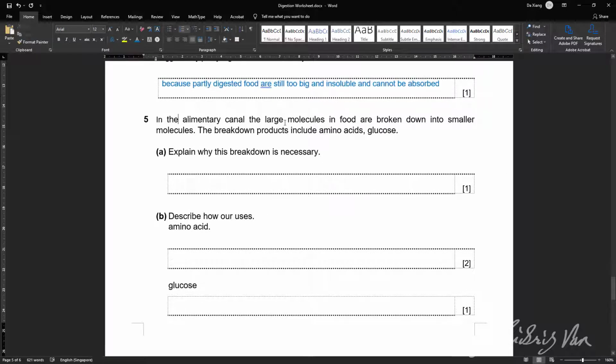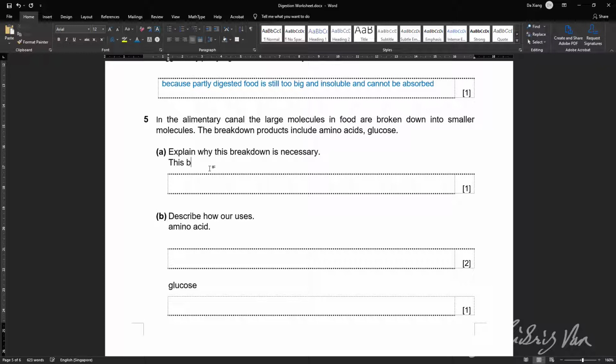In the alimentary canal, large molecules in food are broken down into smaller molecules. The breakdown products include amino acid and glucose. Explain why this breakdown is necessary.